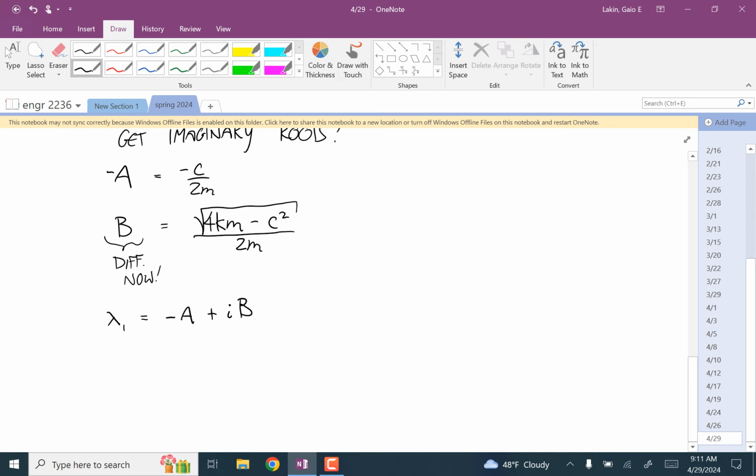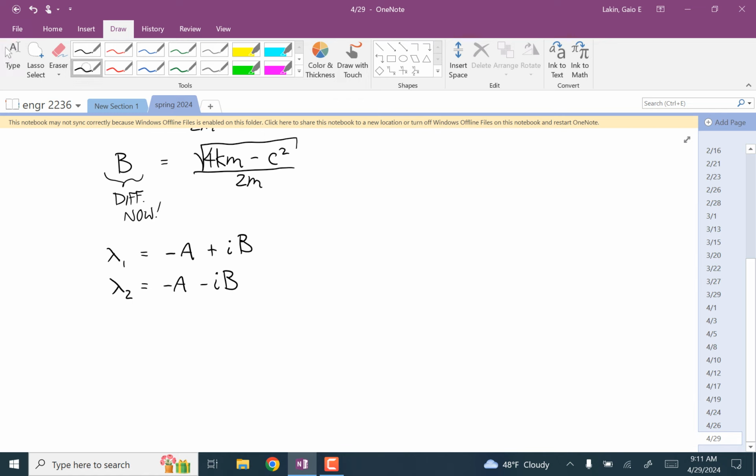That's the complex part. And lambda 2 is negative a minus ib. And the solution has a form x equal to some constant times e to the lambda 1 times t.